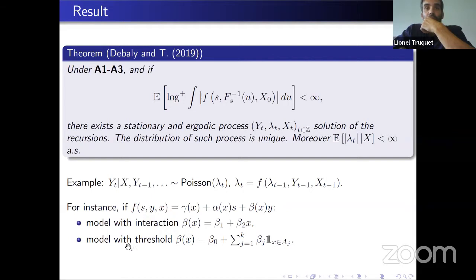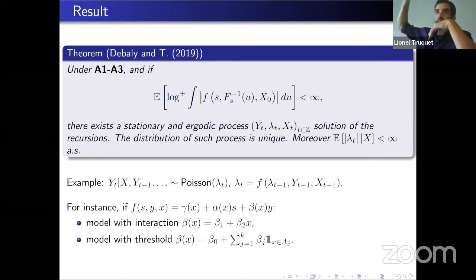Or they can also be used to model thresholds, which means that depending on the level of the environment, the dynamic will be affected and the parameter of the model will change as a function of the value of the exogenous process.